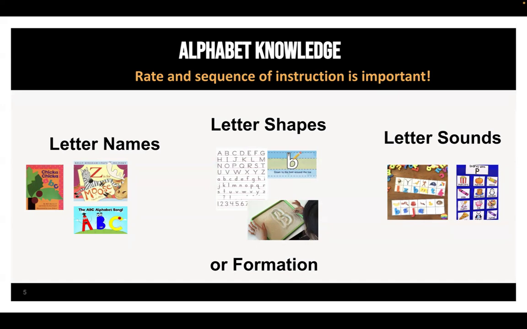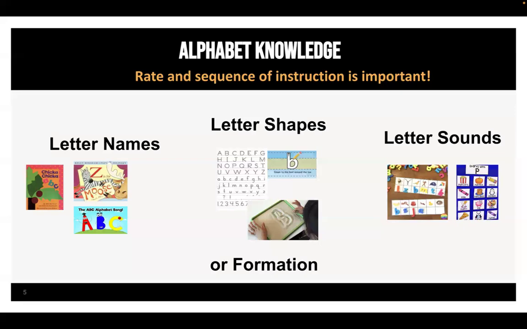They need to be able to recognize the letters, form the letters. They need to be familiar with the shape of that letter. They also need to know the letter sound. So A is the letter name, but /a/ is that letter sound. B is the letter name, /b/ is the letter sound.